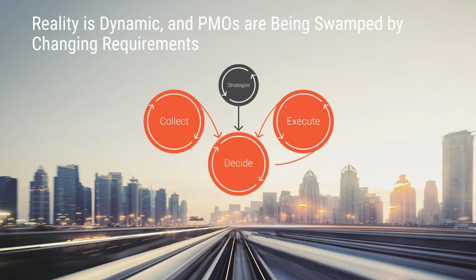These spinning circles you're seeing here are not meant to hypnotize you, but they shall allow us a closer look at what happens in organizations in a project portfolio management context. You see the left circle called collect, which symbolizes the process of collecting, gathering new ideas and initiatives, flooding into your organization.